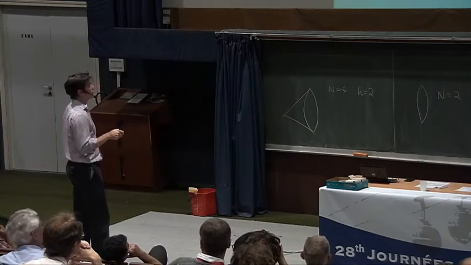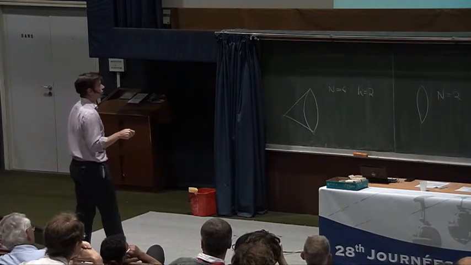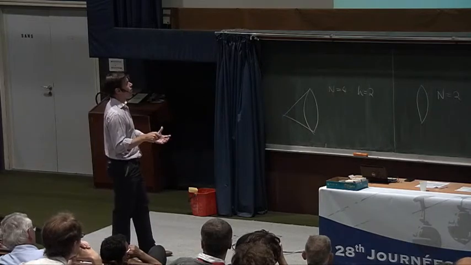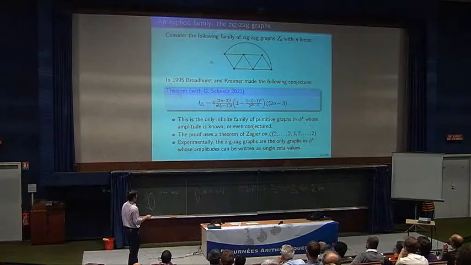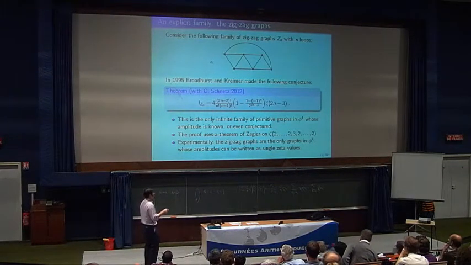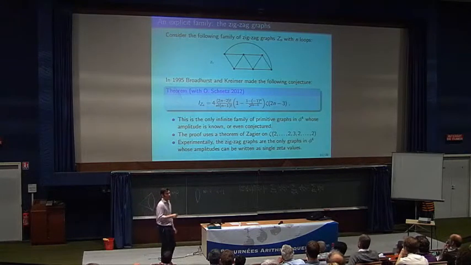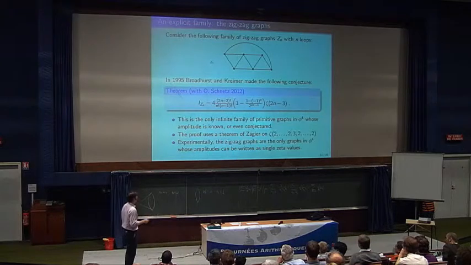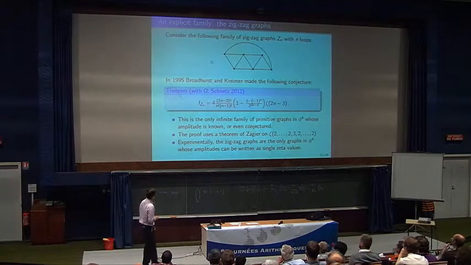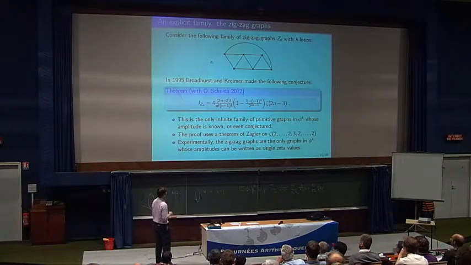And these graphs play an important role, as I'll explain at the end: it seems, experimentally at least, that these graphs are the only graphs in phi to 4 theory whose amplitudes can be expressed as a single zeta value. That means if you take any of these other graphs, you will always get multiple zeta values. That's a conjecture. We can't prove this, of course.